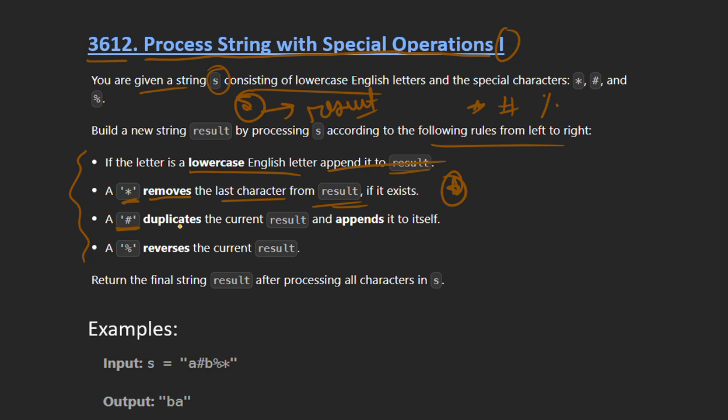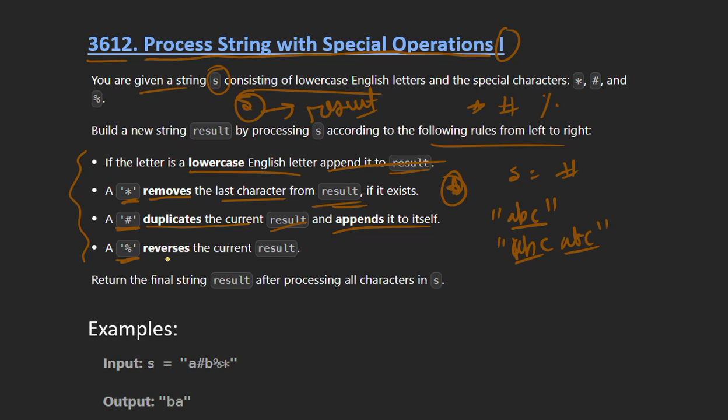And if we get a hashtag, then we have to duplicate the current result. So if our result is abc and we get a hashtag in string s, our result will become abcabc, right? So we have duplicated our string and appended it to itself.